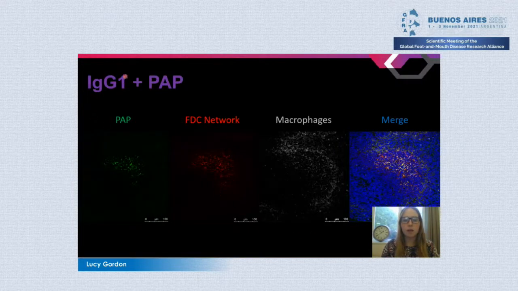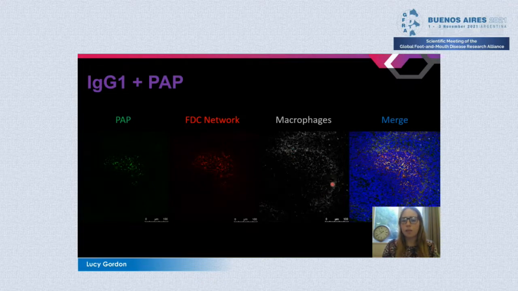As I said, IgG1 was our isotype control group, and PAP, which is peroxidase anti-peroxidase, was our positive control, as we know it binds to FDCs via complement receptors 1 and 2. Here you can see very clearly positive staining for PAP in the FDC network.